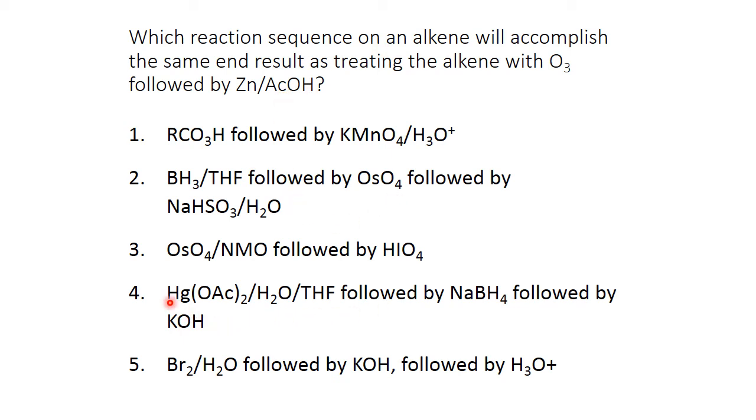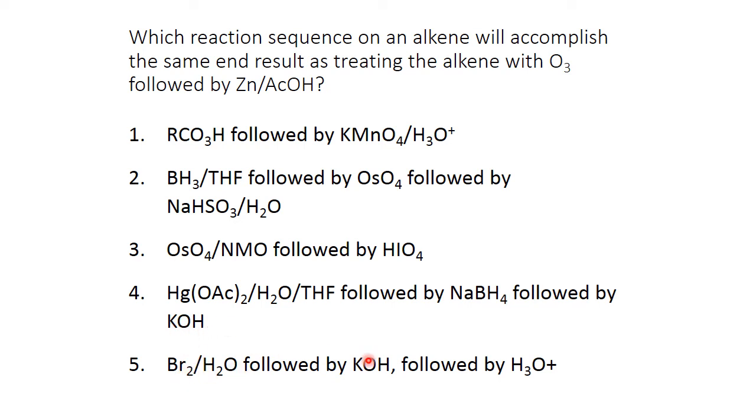If I look at treating it with the conditions for oxymercuration, then followed by potassium hydroxide, oxymercuration would add water across the double bond and give you an alcohol, but potassium hydroxide is going to do nothing to the alcohol.